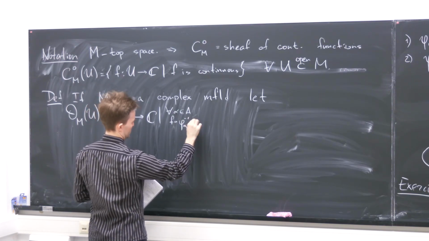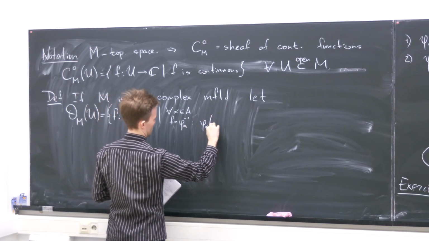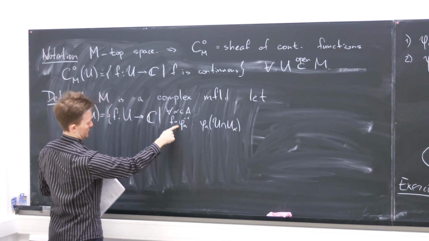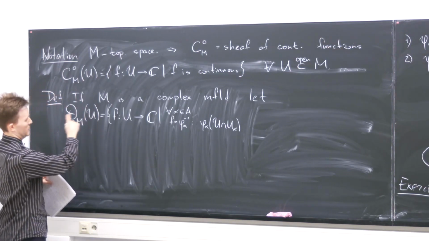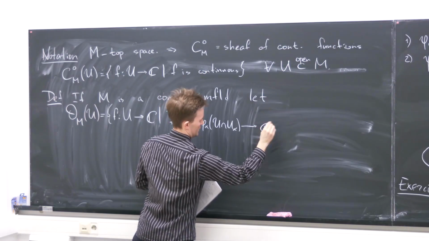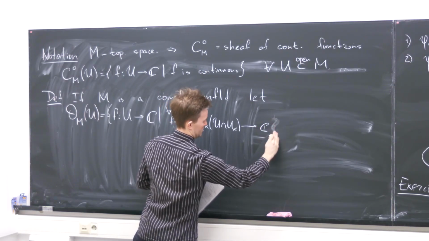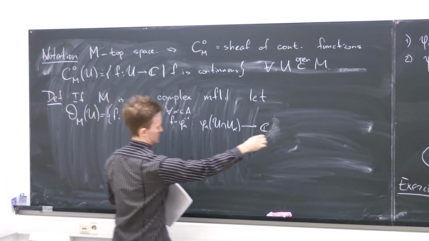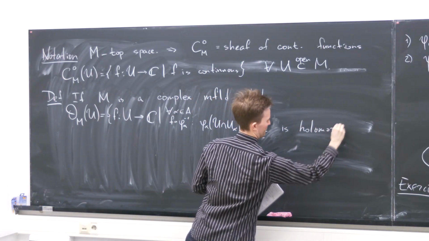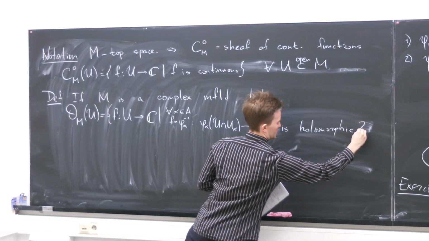So this goes from phi alpha of U intersected with U alpha, then phi alpha inverse takes me back to M, and then I apply f. So this goes to C. And if I look at this function, I should write that this is holomorphic.